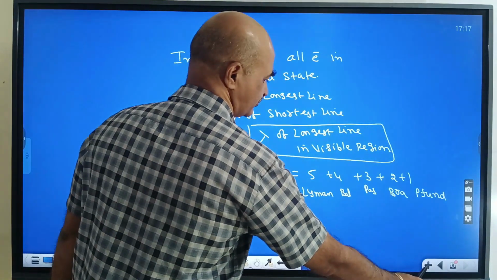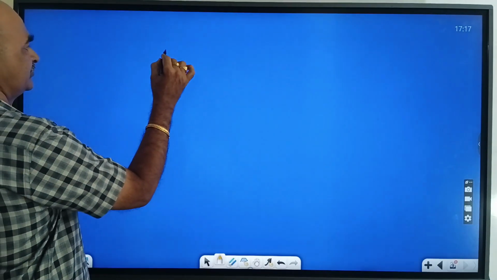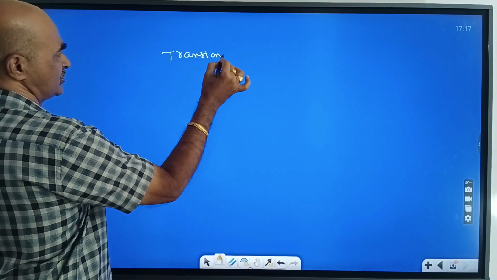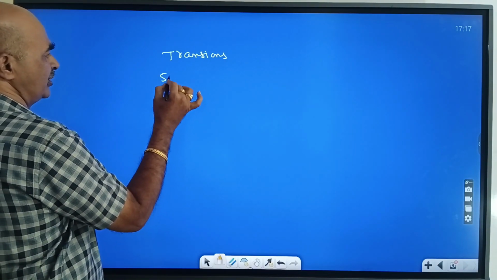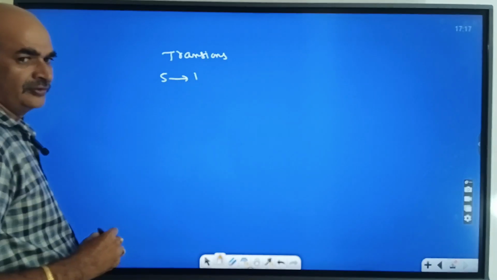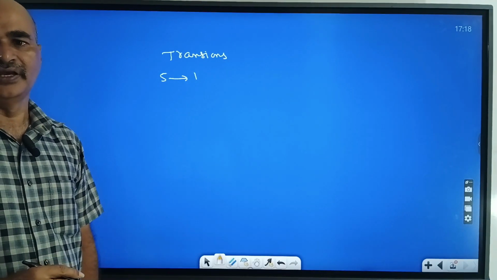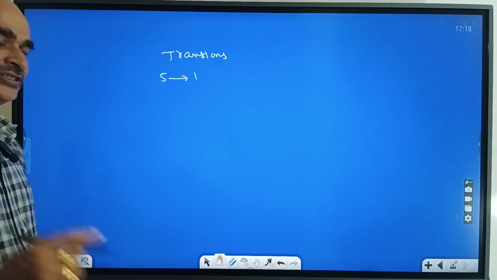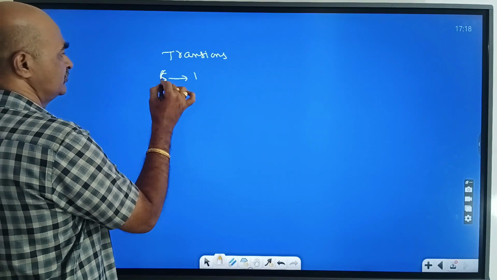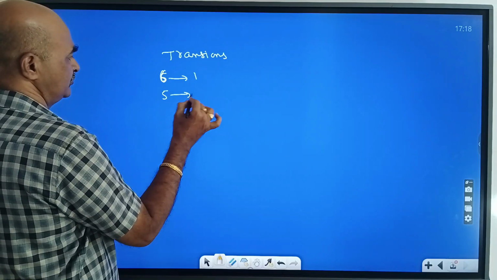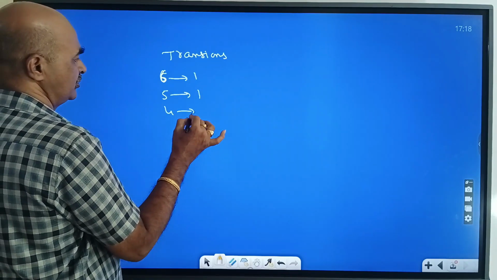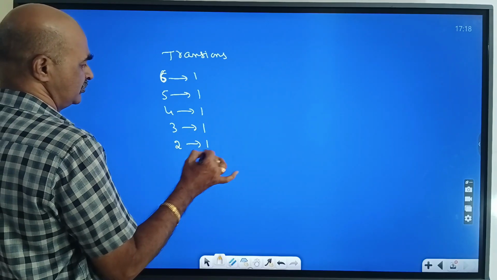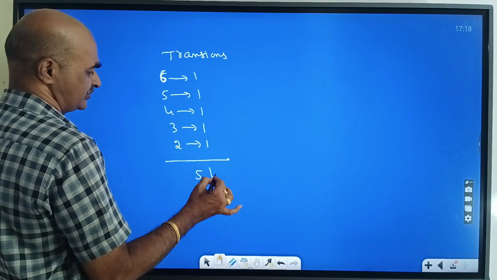In the Lyman series, the transitions are 6 to 1, 5 to 1, 4 to 1, 3 to 1, and 2 to 1. Total 5 lines.